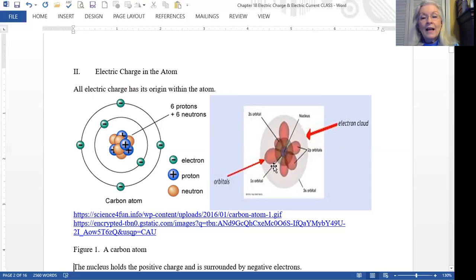So our electrons are in the electron cloud, and we do believe the electron cloud has regions of higher probability and regions of lower probability for where you would locate your electrons. And they're not usually considered racetrack form.